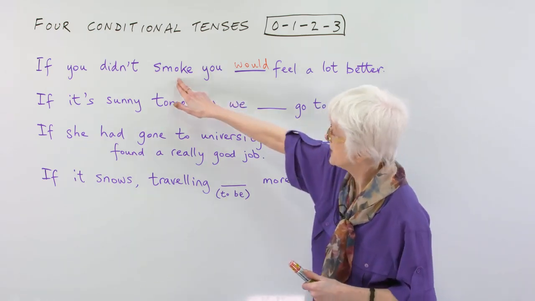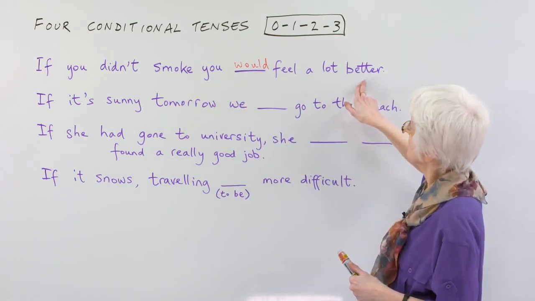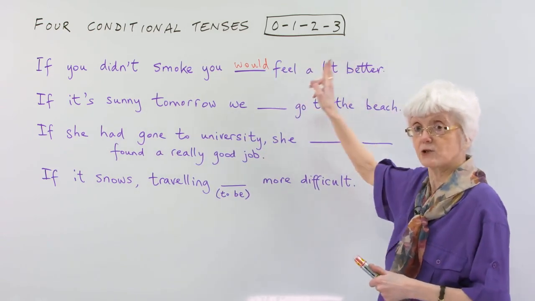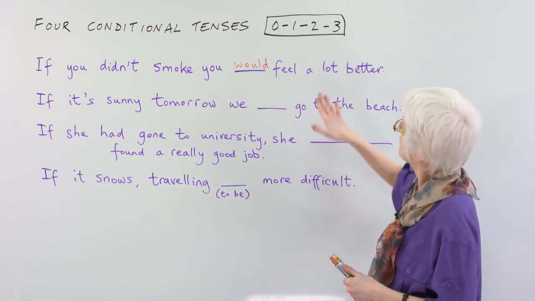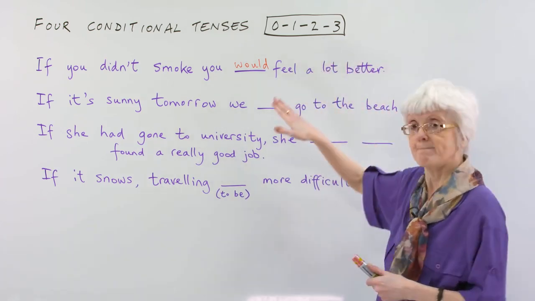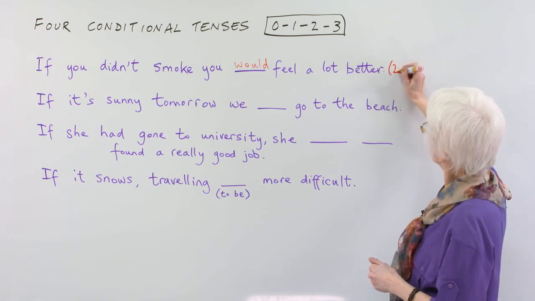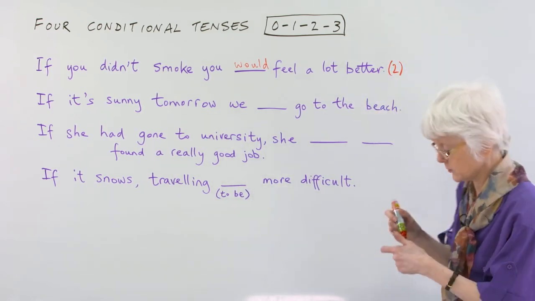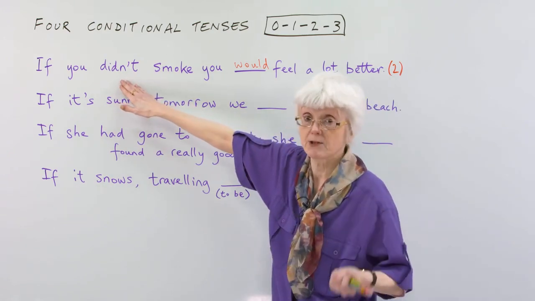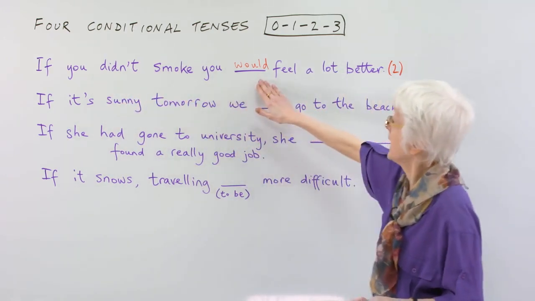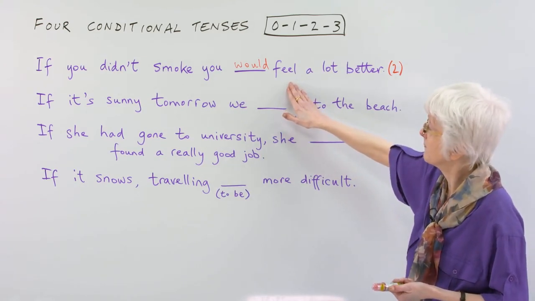Okay, so if you didn't smoke, you would feel a lot better. So which conditional do you think that is? So it's the second. That's the second conditional, using did, past tense, past simple, and then would plus a verb, would feel. Okay.